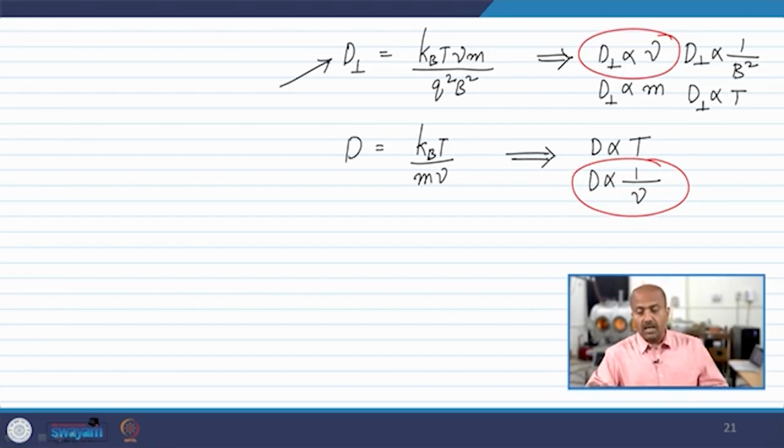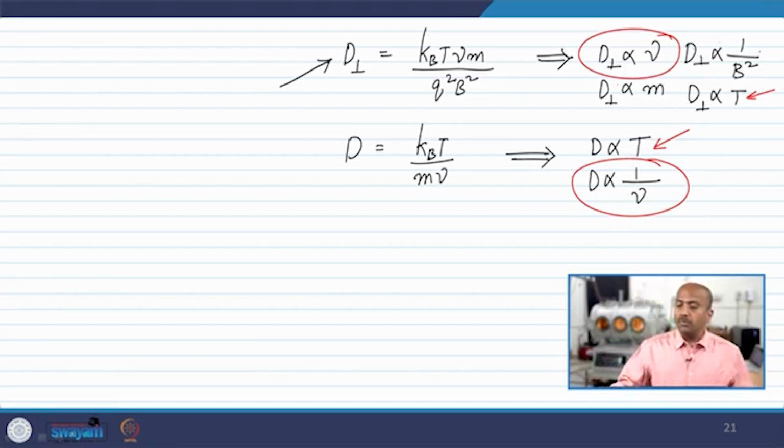D perpendicular is directly proportional to the collisional frequency. And temperature, of course, in both situations it is the same, right. And mass, in this situation, is slightly complicated, not direct as such, but the perpendicular diffusion coefficient is proportional to 1 by B square.